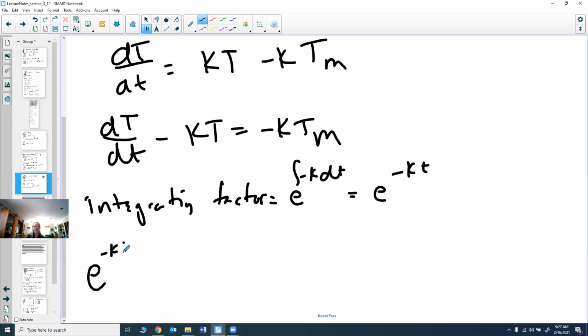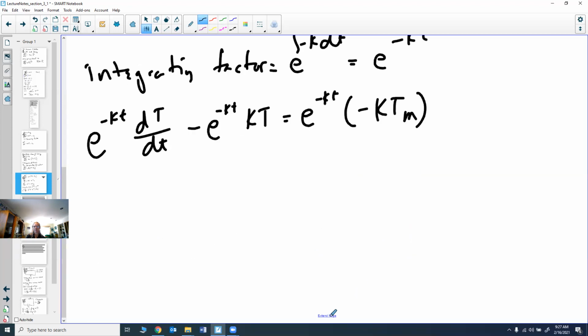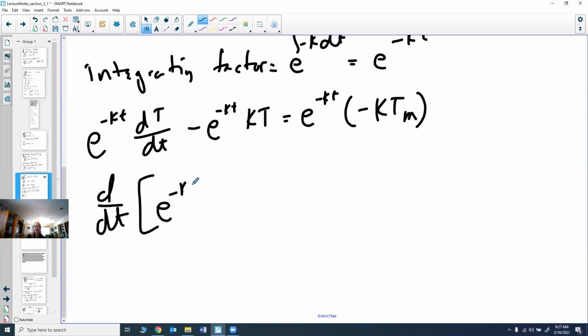So e to the minus kt dT/dt minus e to the minus kt times kT is equal to e to the minus kt times minus kT sub m. Again, this is your derivative of your integrating factor times your dependent variable. And then here we have minus kT sub m e to the minus kt. And then you just take the integral of both sides.